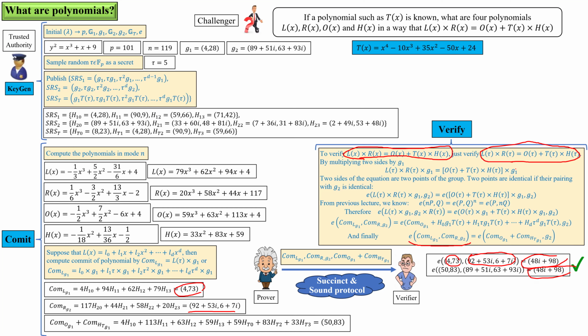On the verification side, the verifier just needs to compute two pairings and is done. So we see that all of our previous knowledge about pairing, modular arithmetic, elliptic curves, groups and fields, all of that knowledge is needed to design this commitment scheme, right?